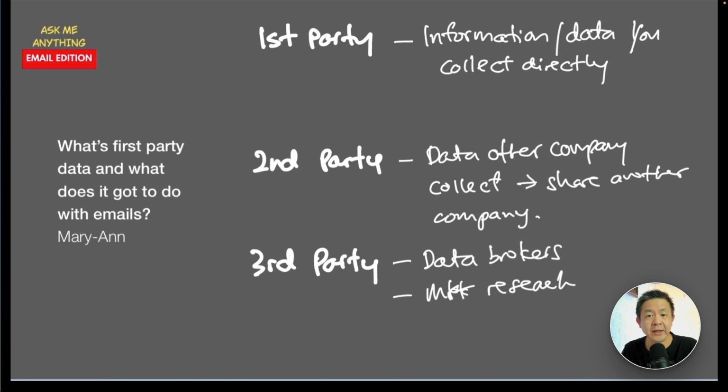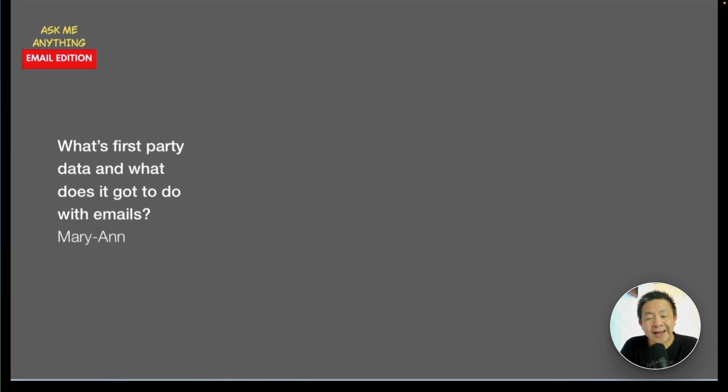Right, they gather this data, and then what they do is they repackage it and then sell it to consumers or maybe companies as market research. So those are third-party data. Okay. So these are generally the three differences with regards to the first part of your question, Mary Ann, which is what is first-party data. Okay. Now, how does it relate to emails?